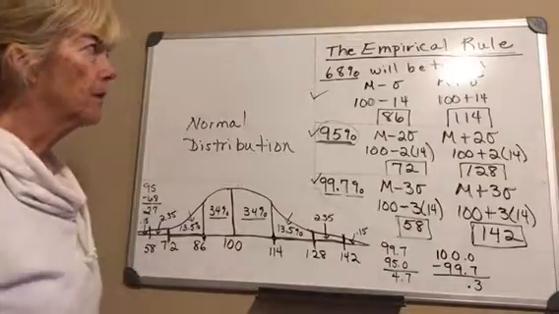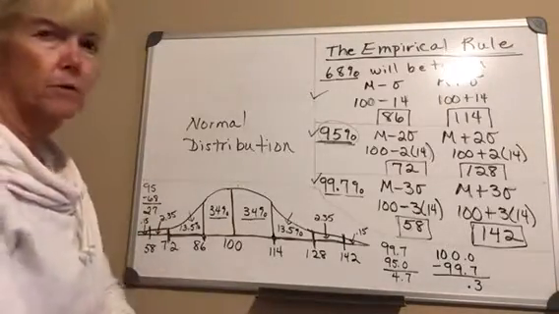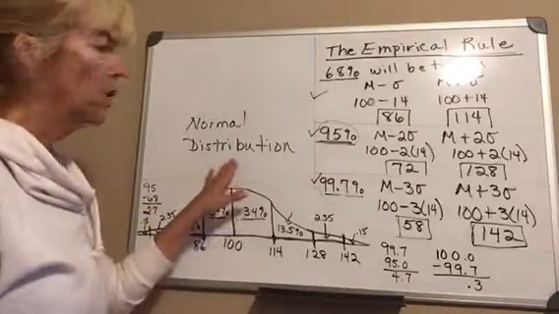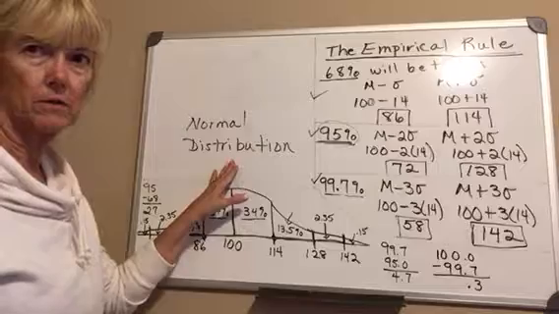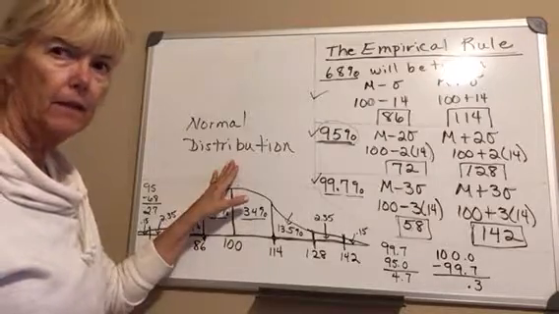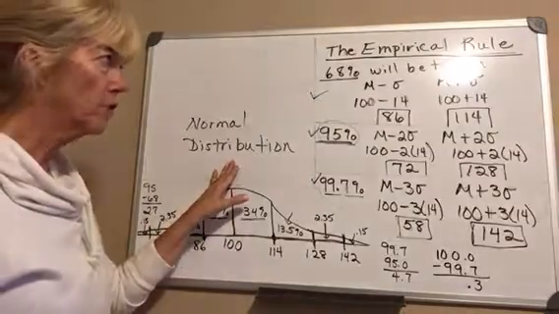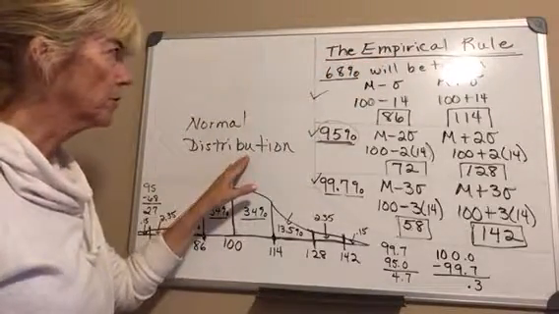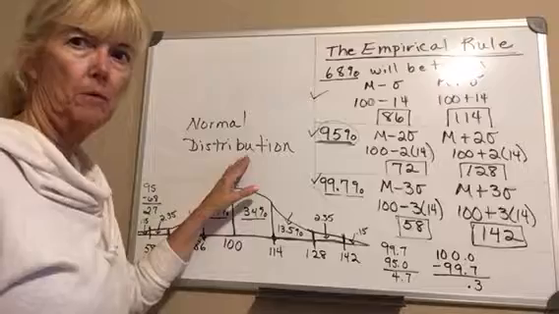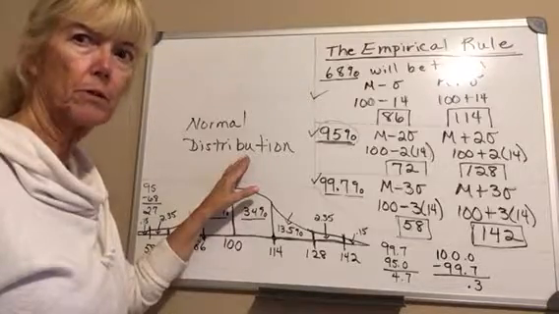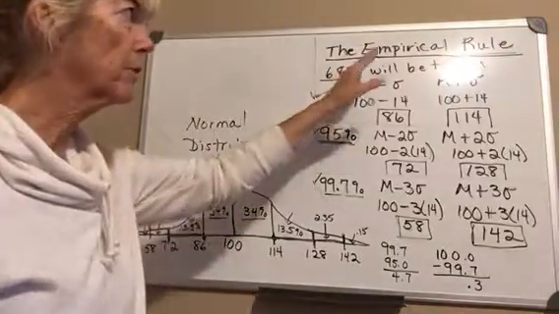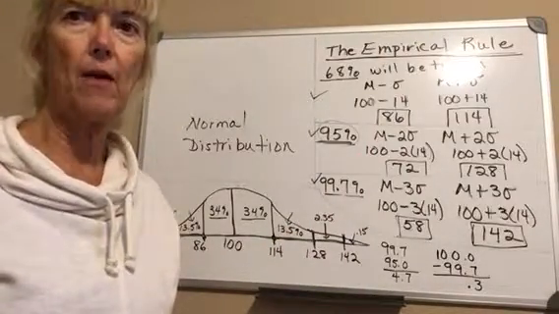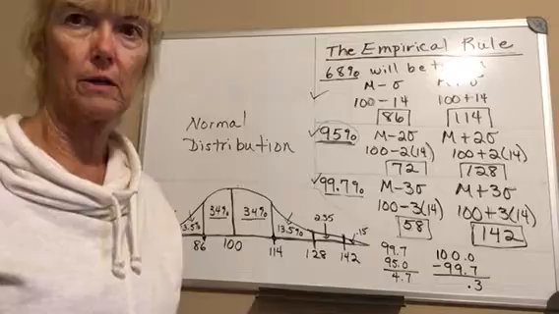Okay, so the empirical rule is a rule describing normal distributions. The empirical rule and the normal distribution, those two words go together. If you have a normal distribution, the empirical rule guarantees that certain things are true about that distribution.